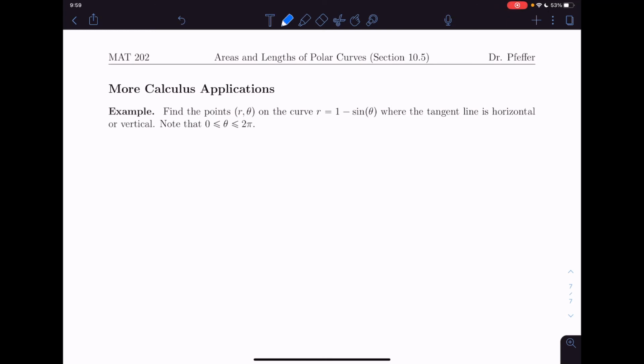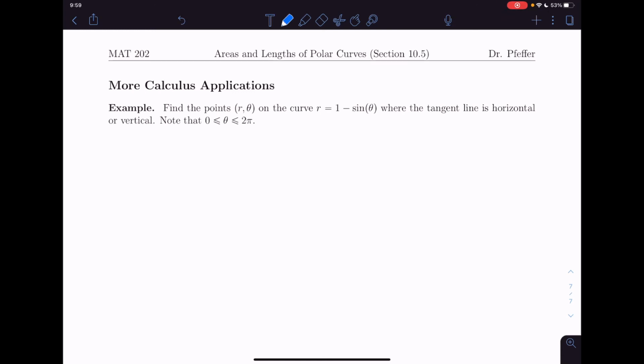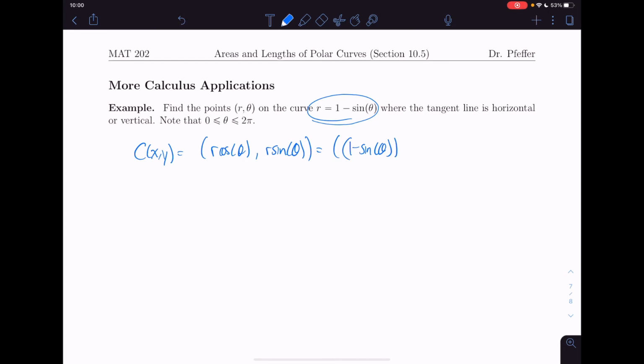The idea behind it is that if I have a curve, in this case r equals 1 minus sine theta, this is actually given parametrically in the form c of xy, where you'll recall that c of xy is the same as r cosine theta and r sine theta, where in this case r is just 1 minus sine theta. So we have 1 minus sine theta times cosine theta, and again 1 minus sine theta times sine theta.